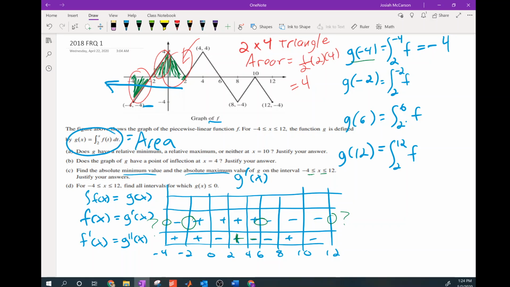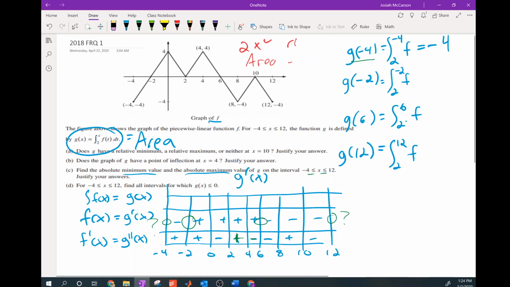Let's find G of -2. So G of -2 is just the area from 2 to -2. Well, that's just from here to here. And that's a 4 by 4 triangle, so that's 1/2 times 4 times 4. And that's going to give you -8.